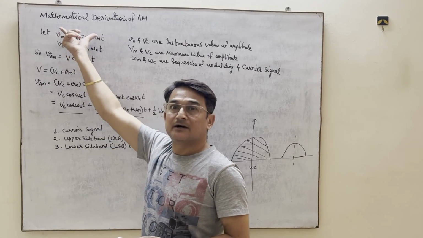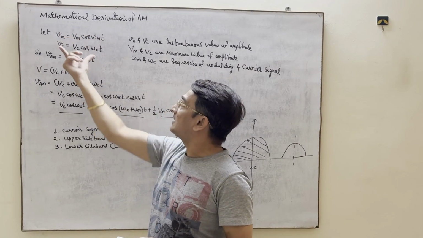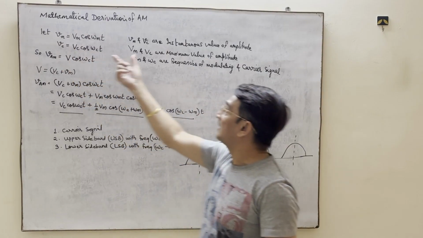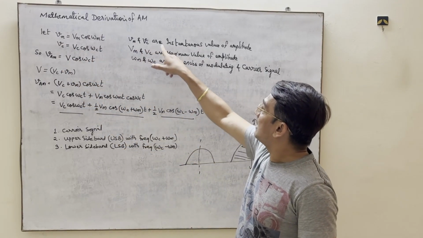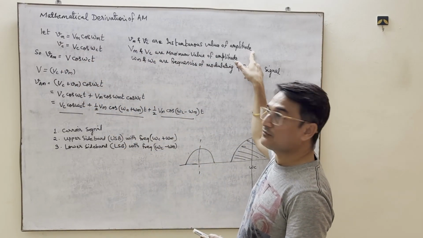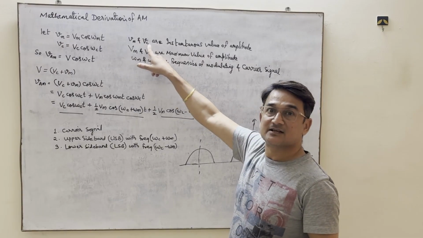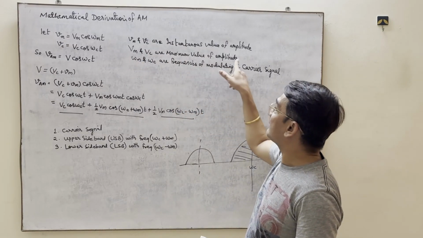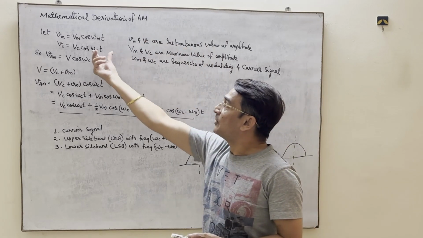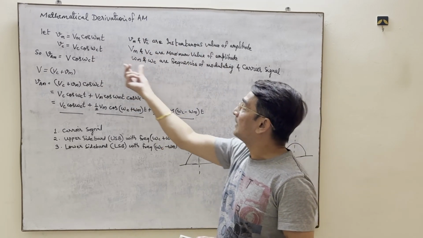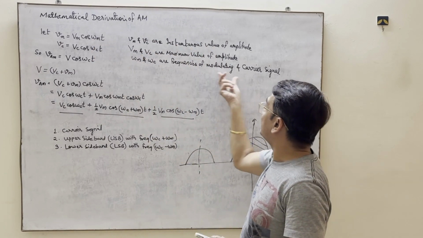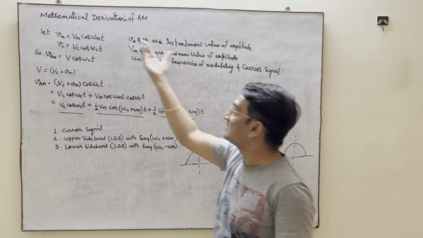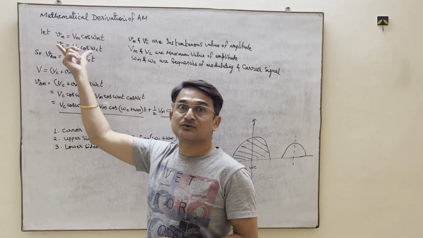The first signal represents the modulating signal, another signal represents the carrier signal, where small vm and small vc are instantaneous values of amplitude of modulating signal and carrier signal respectively. Capital Vm and capital Vc are the maximum values of amplitudes of modulating signal and carrier signal. And omega m and omega c are the frequencies of modulating and carrier signals. So we have assumed these 2 signals.